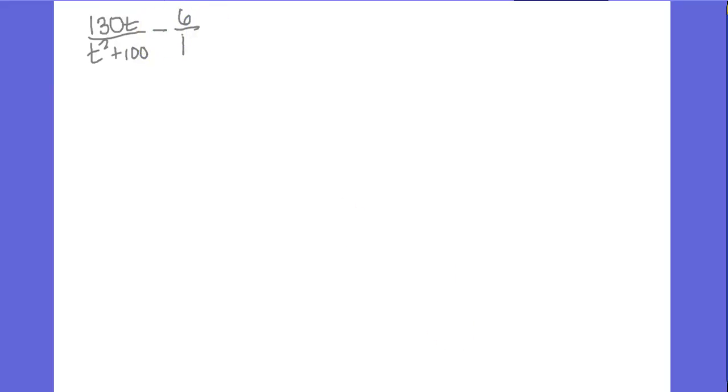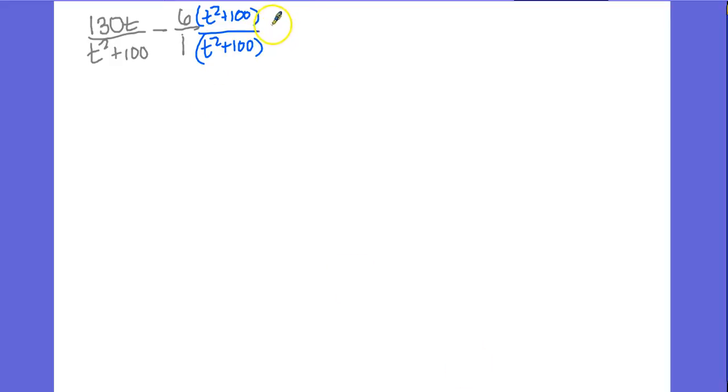And I'm going to switch to a blue pen here because I want to subtract those, but I cannot because they don't have a common denominator. So I need to make them have a common denominator by multiplying this one times 1, which won't change it, and this one times t squared plus 100 over t squared plus 100. That still equals 1, by the way, right? Because if something is divided by itself, it's 1.